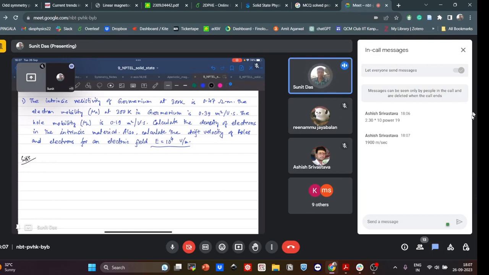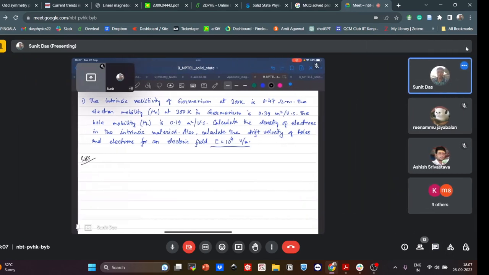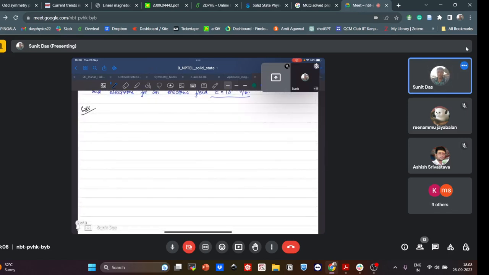Okay, so let me solve it. The formula for conductivity is given as n e mu n, where n is the electron density, plus, again, the charge of holes is also e, and then p e mu p.